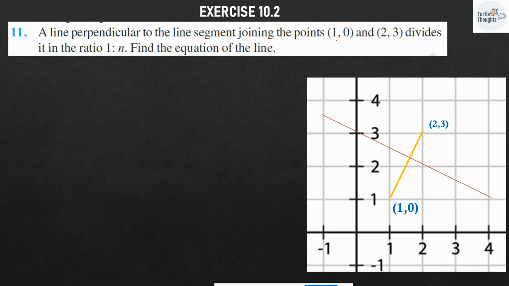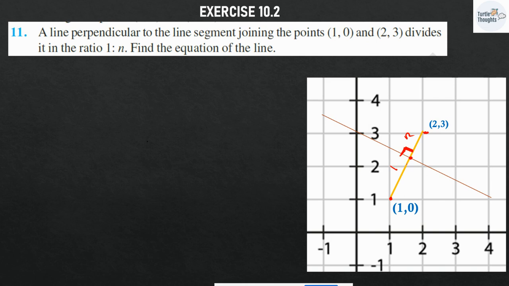So there is a line joining (1, 0) and (2, 3), and there is a line which is perpendicular to this line, and it divides it in the ratio 1 is to n. So let me take this point and find out what this point is first.